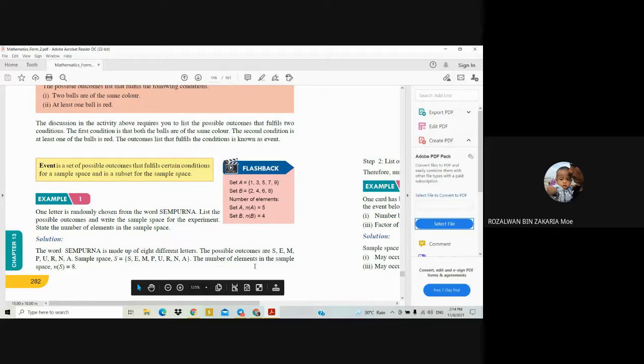And the number of elements in the sample space, using the symbol smaller n, n(S) equals 8. If you count the elements inside the sample space, 1, 2, 3, 4, 5, 6, 7, 8. So that's why 8 here.